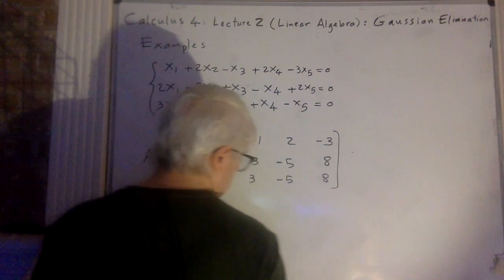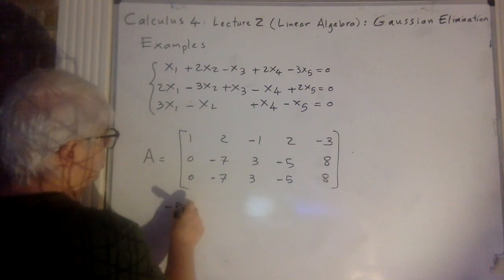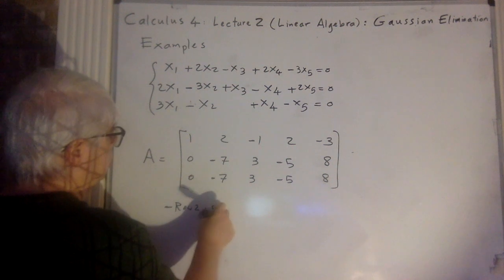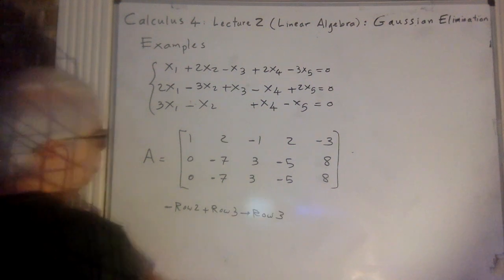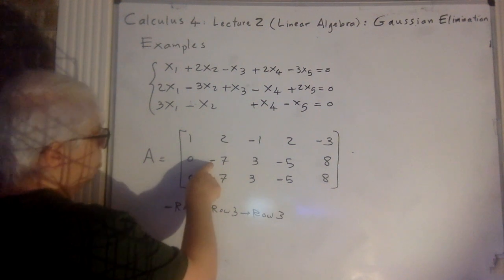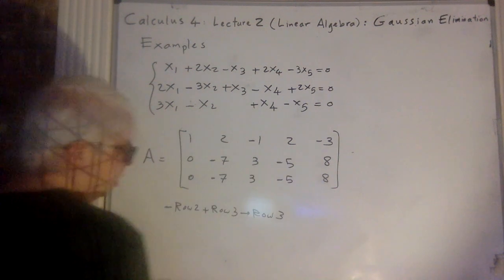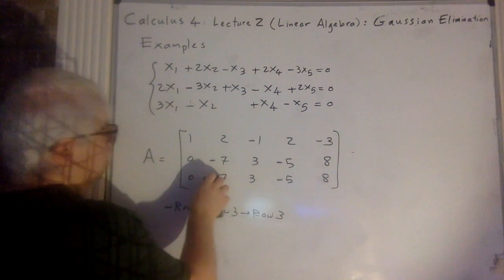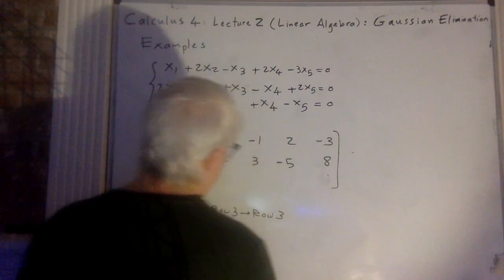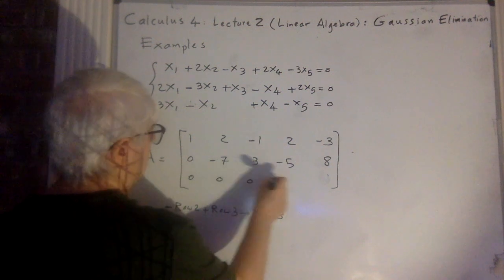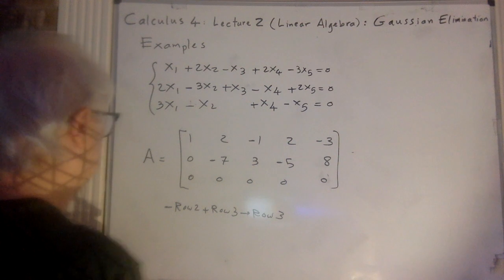So let's say minus row 2 plus row 3 goes to row 3. Well, you can see that minus this is plus 7, minus 3, plus 5, minus 8. Then you add, you will get 0. So this will give me all zeros here. Okay.